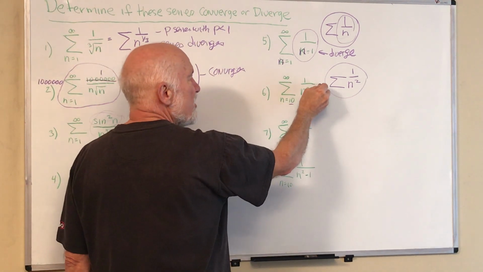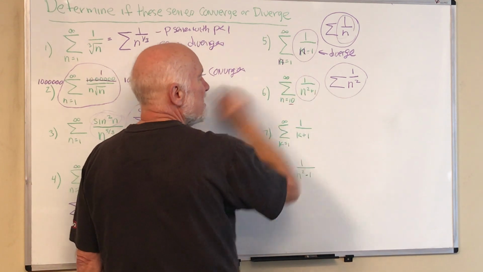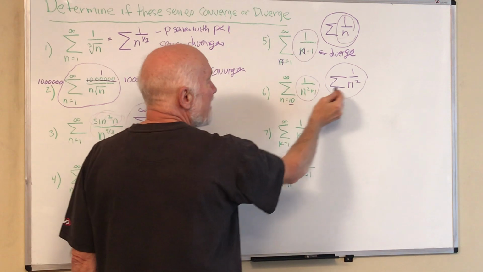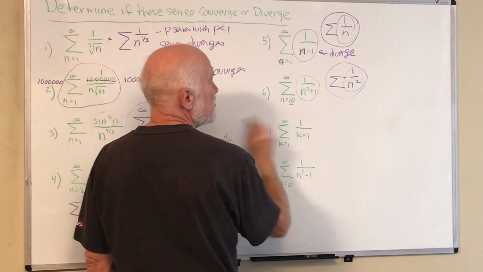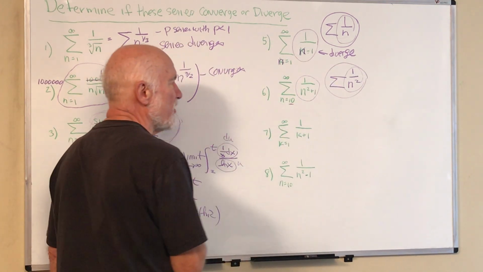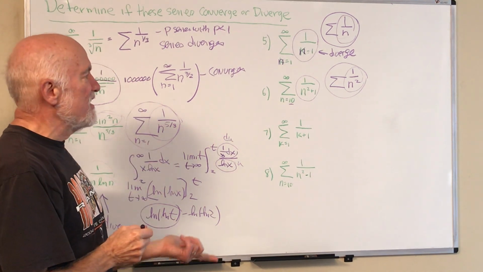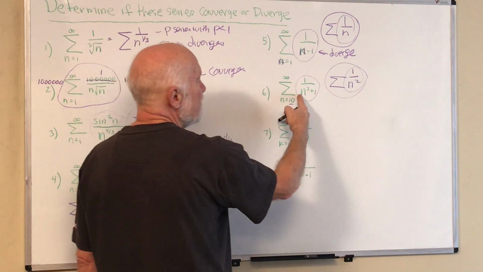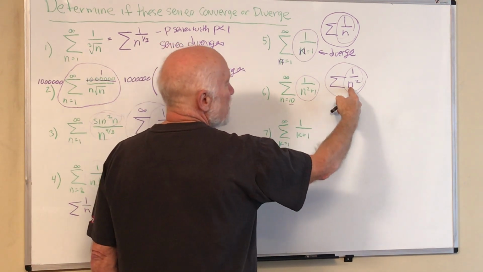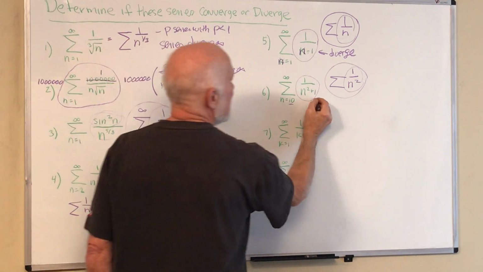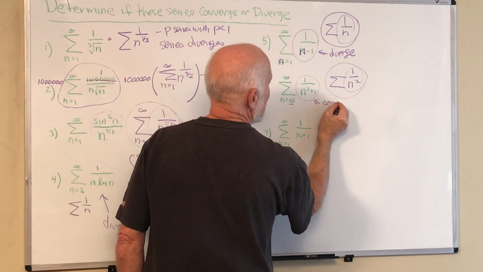And what do I see here? Those fractions are smaller than these fractions because you're making the denominator bigger. So again, we're allowed to use the comparison test, and we can say that this one converges in comparing it with this series, which we know converges.